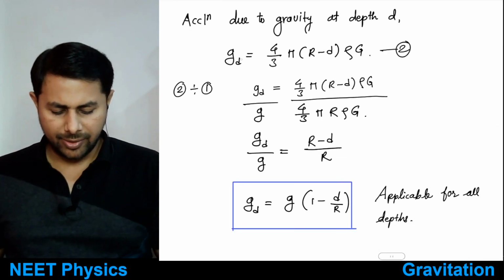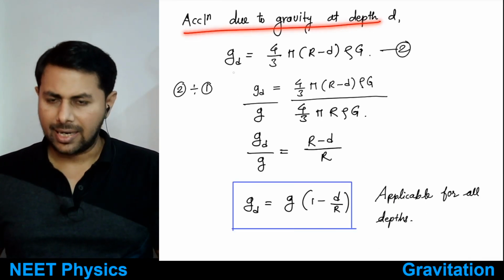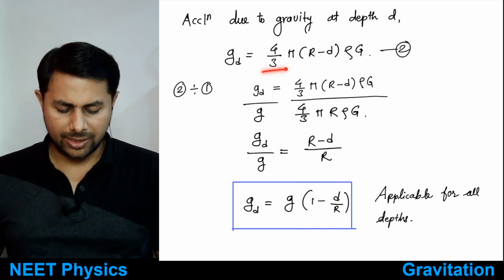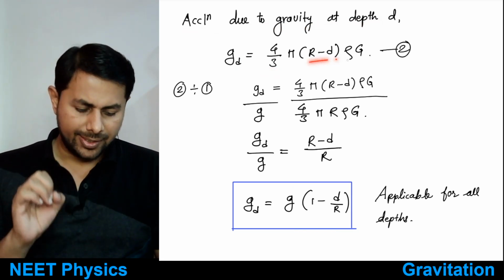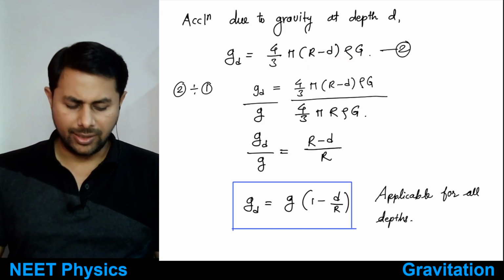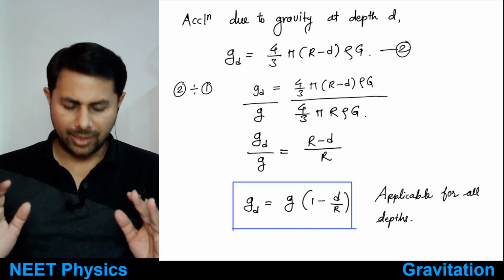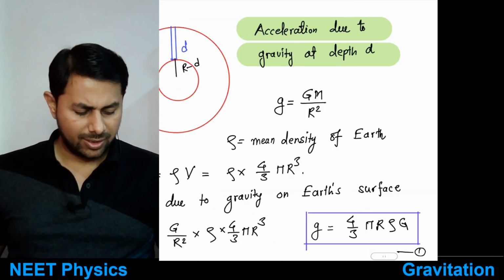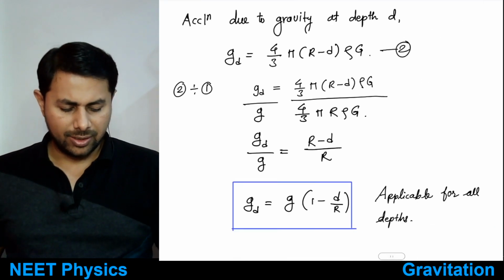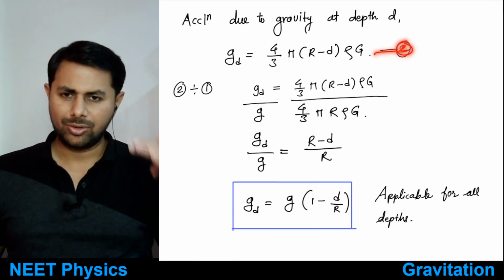Acceleration due to gravity at depth d is equal to 4 by 3 pi multiplied by the radius of that sphere, which is r minus d, times rho into g. Same formula; in place of r, we have substituted r minus d. Let's call the earlier one equation 1 and this equation 2. Divide 2 by 1.